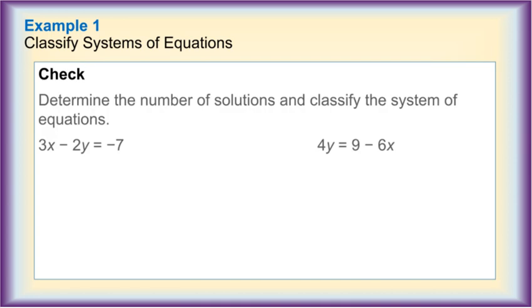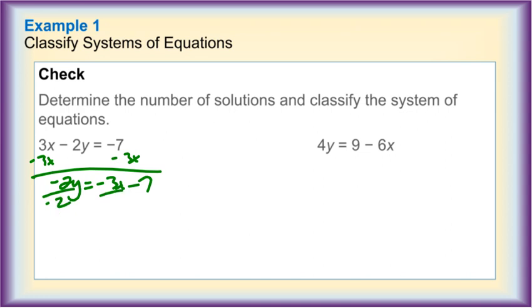Next example, solve for y here. So I'm going to subtract 3x. Now I have negative 2y equaling negative 3x minus 7. Divide by negative 2. I would have y equals 3 halves x plus 7 halves. And over here, just divide by 4.